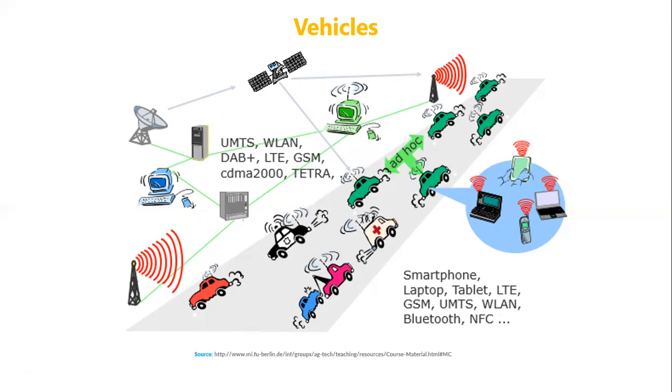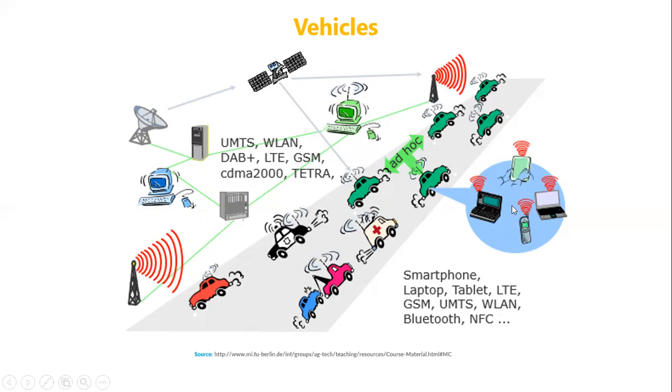Also the devices which are inside these cars. For example, the passengers traveling in this car may have different devices, like a basic cell phone, a laptop, an iPad, and all these devices would be able to communicate with each other by forming a piconet.